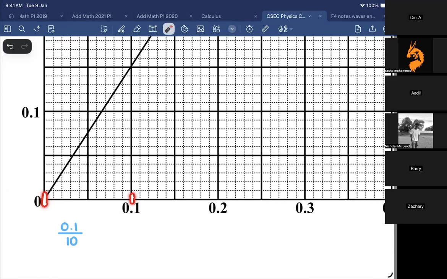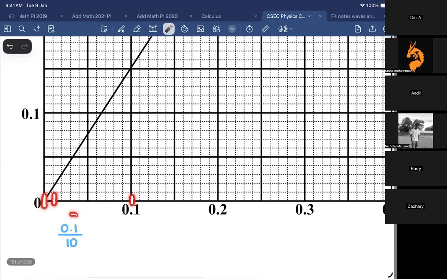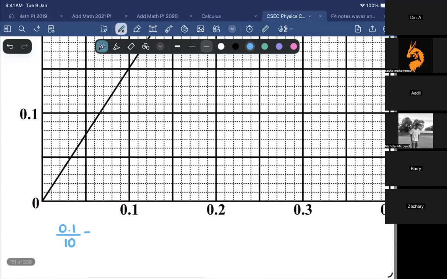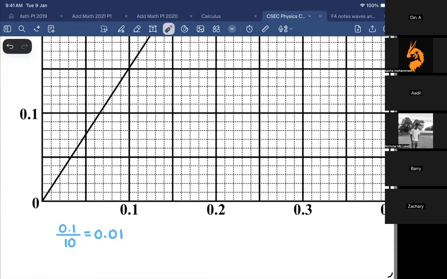So if you want to find one of these small blocks, you have to take 0.1 and divide. You understand that? Yeah. So that will be 0.01. And if you have some trust issues, you could count it and check it yourself.